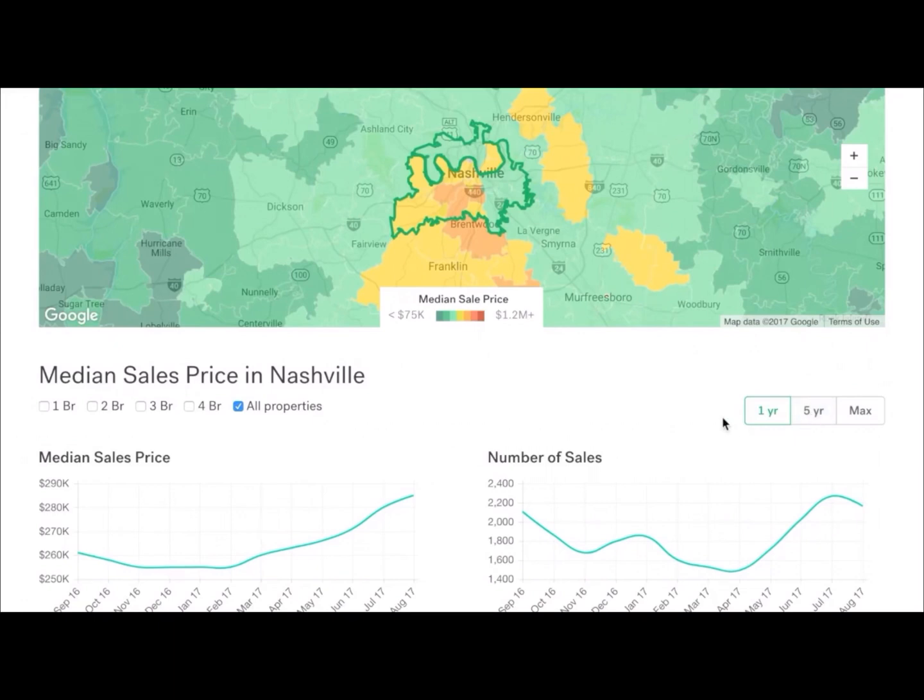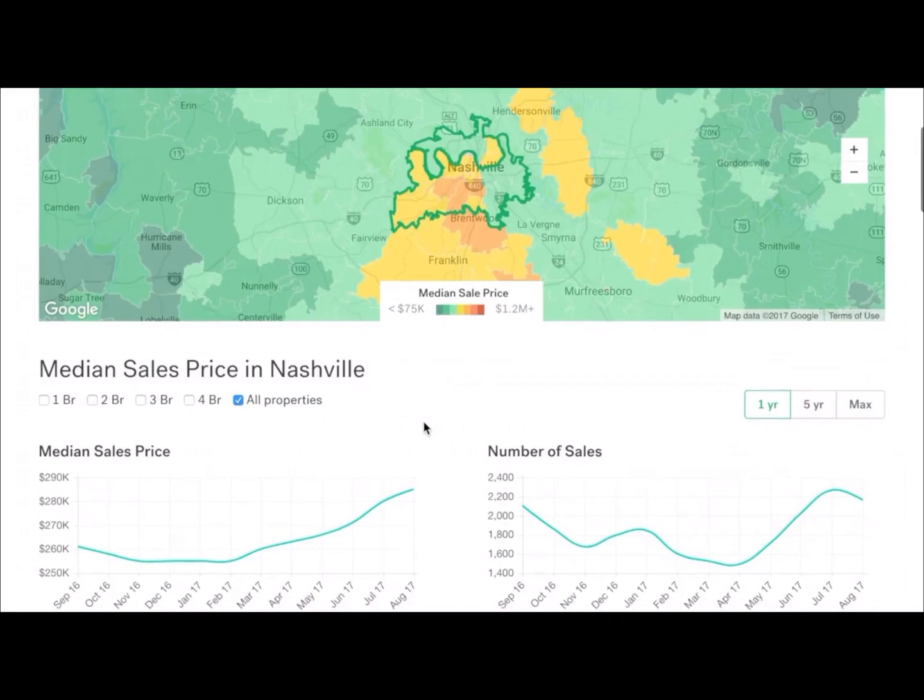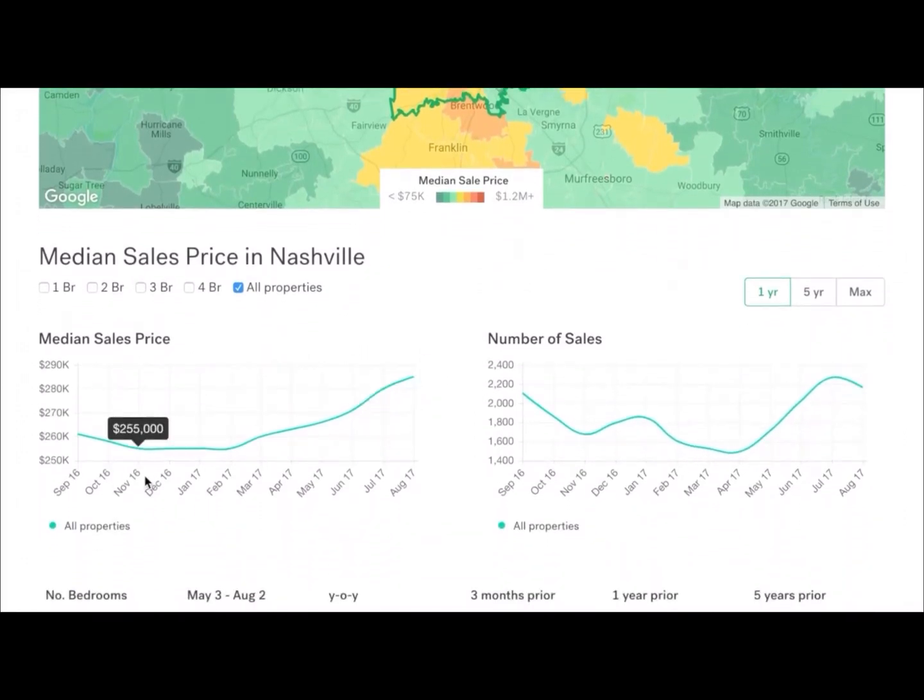That's too big of a trend. You could look at 5 years, but let's look at 1 year to see what's going on. Just like we noticed here, it went from 260 up to 285, which is what we just looked at. But we're looking at a 1 year trend here. Number of sales went from 2105 to 2163.